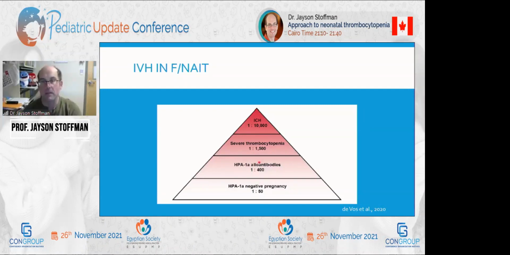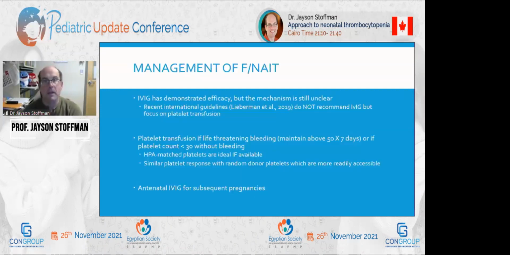Of that group, less than 1/3 are going to have severe thrombocytopenia. And of that group, about 1 in 8 are going to have a bleed. So for the whole population at risk, the likelihood of ICH is actually quite uncommon. But of course, when it happens, it's devastating. So how do we manage neonatal alloimmune thrombocytopenia?